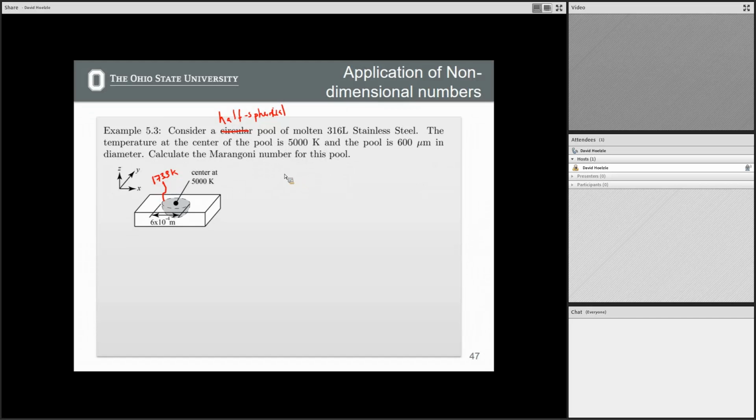So Marangoni number, just repeating this. Okay, so from the previous slide, we had all these numbers given to us.